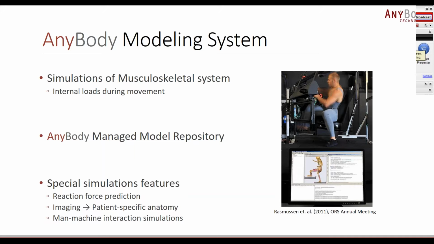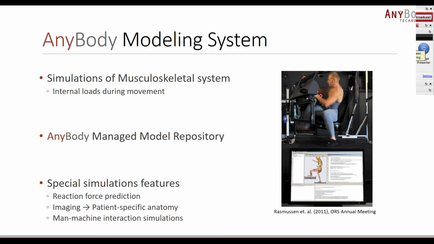We also have a tool for subject-specific information where you can use scans to morph your bones to make it subject-specific. The last one, man-machine interaction simulations.